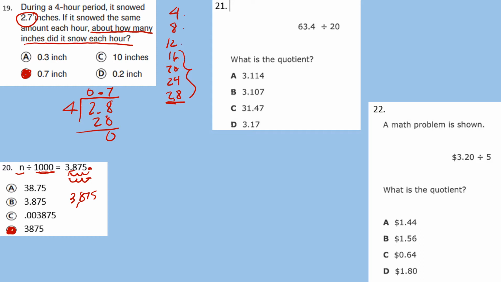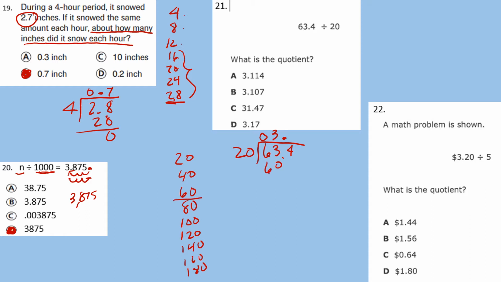21. What is the quotient here? So 63 4/10 divided by 20. Raise a decimal. If I count by 20s, 20, 40, 60, 80, 100, 120, 140, 160, 180. I'll stop there. So 20 goes into 6 0 times. 20 goes into 63 3 times to give me 60. Subtract, 63 minus 60 is 3. 3 is less than 20.